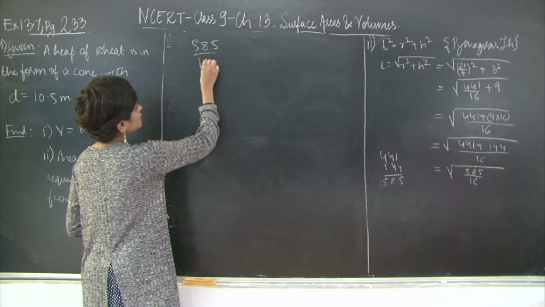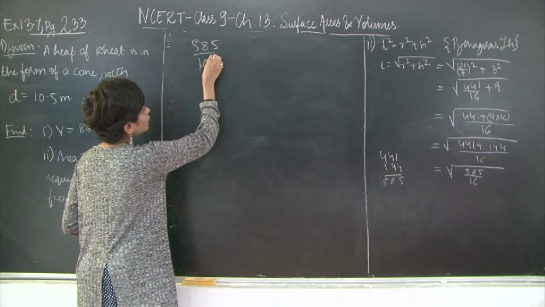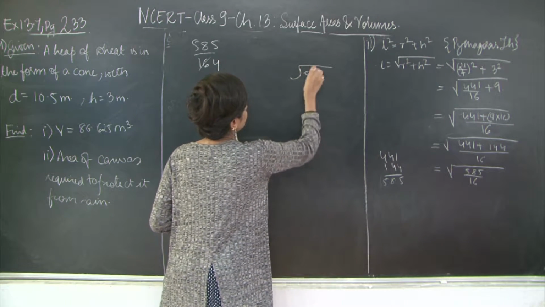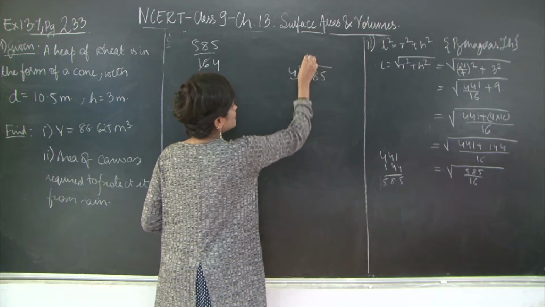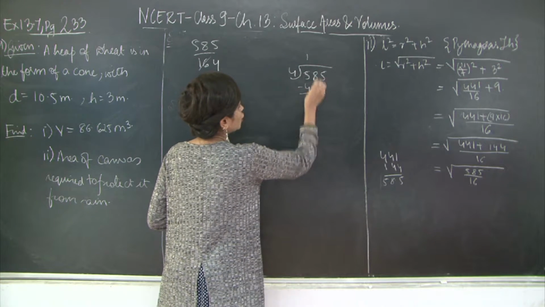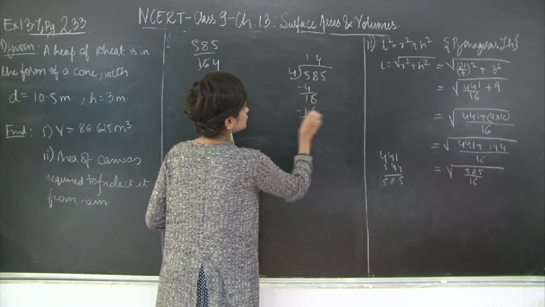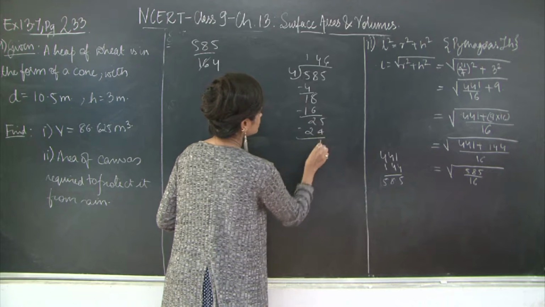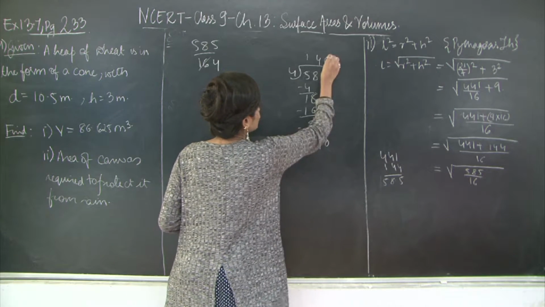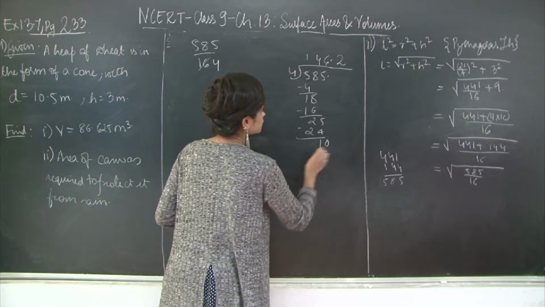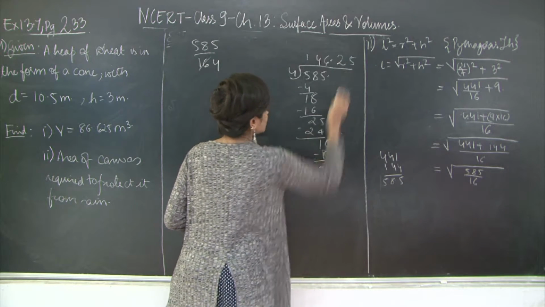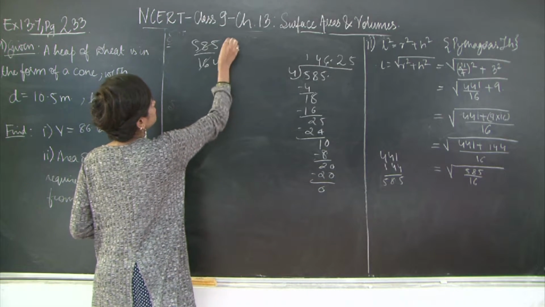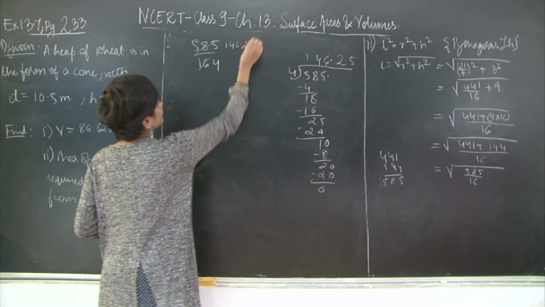So first I will just do the cancellation by 4. So 4 4s are 16 and let's check 585 divided by 4. 4 1s are 4, 4 4s are 16, 4 6s are 24, 4 2s are 8 and 4 5s are 20. So you get 146.25.